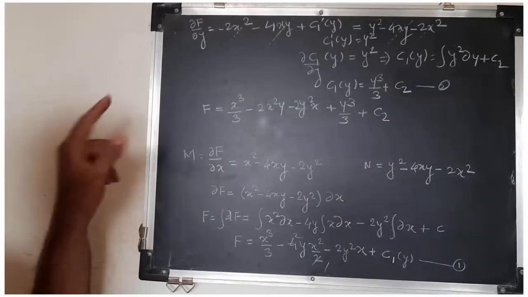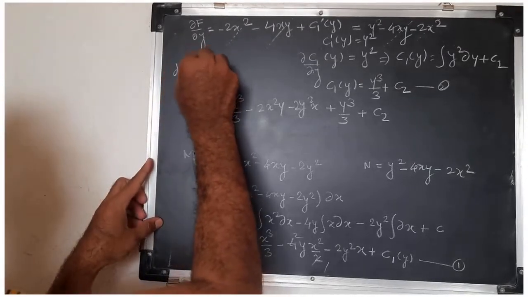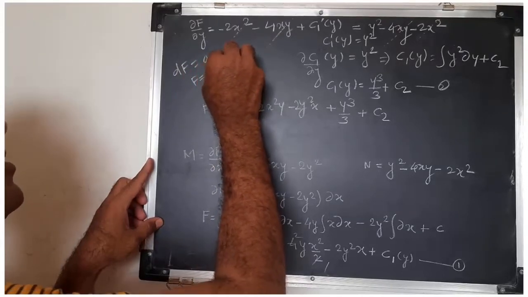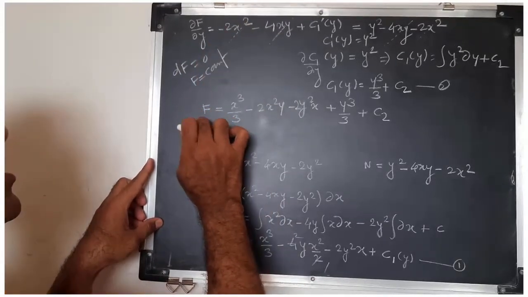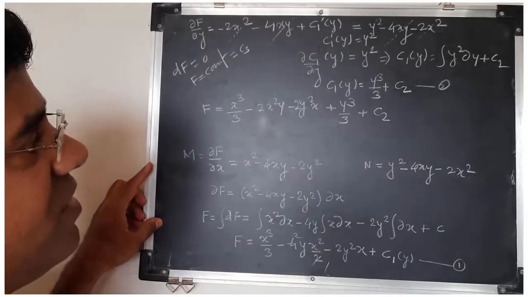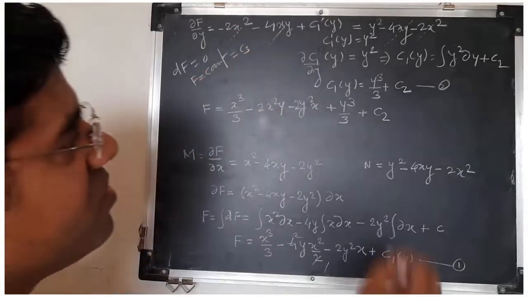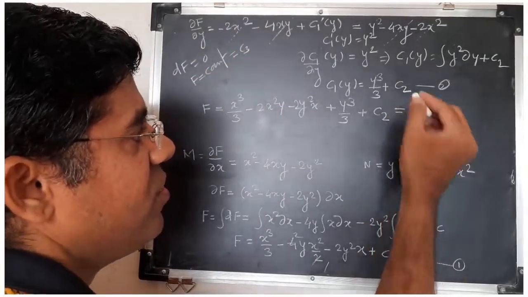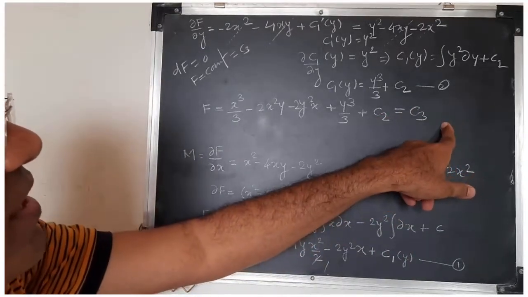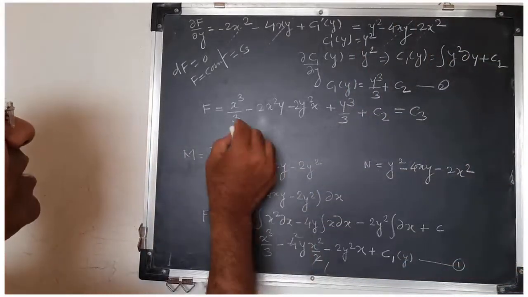But as you remember, df is equal to 0, so f is a constant function. That constant, suppose, is c3, and c3 minus c2 I will consider as c.